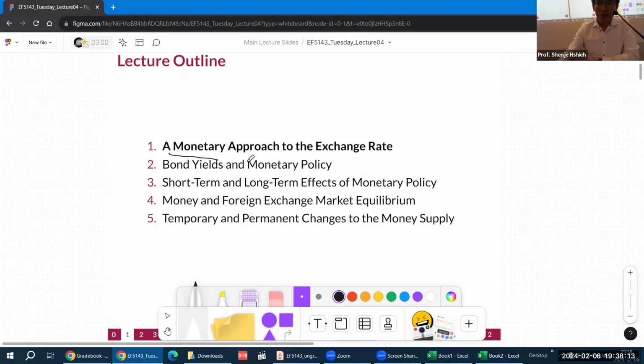So the monetary approach just means that I want to know how a central bank's balance sheet and changes in its balance sheet impact other countries' balance sheets potentially, and also the exchange rates. Okay, so in other words, it's a system of balance sheets between central banks and how that impacts interest rates and how that ultimately impacts exchange rates. All right, that's where we're heading.